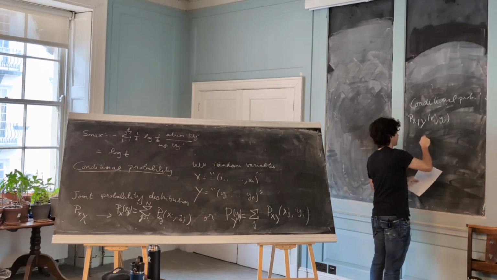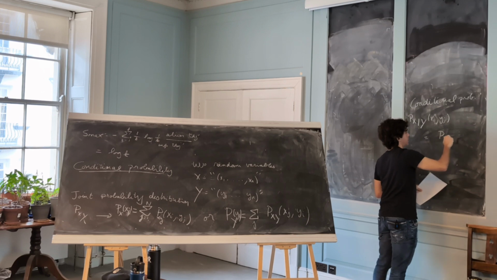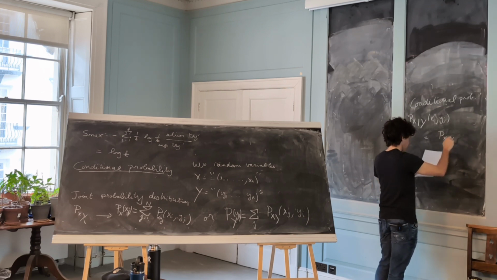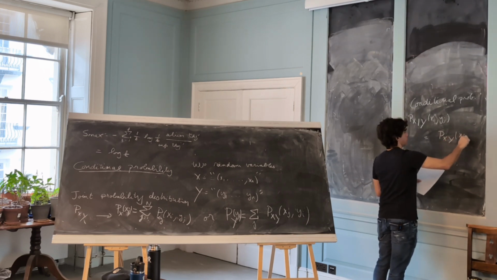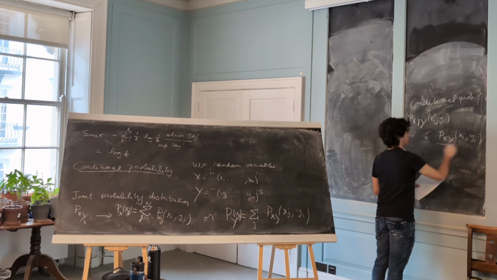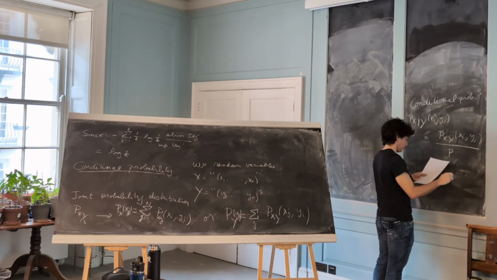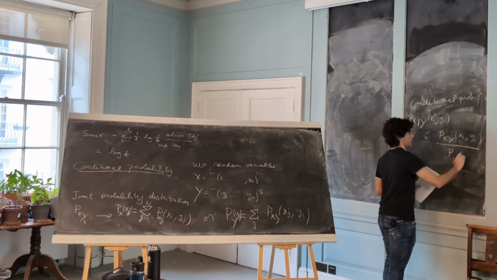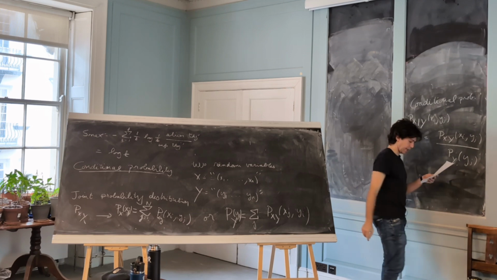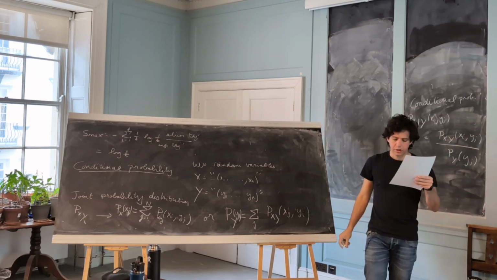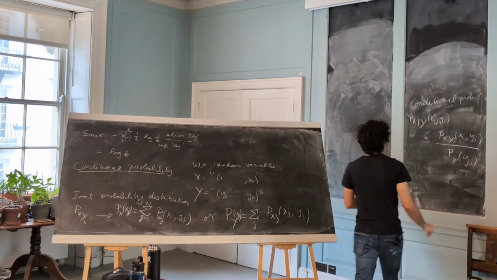And it's equal to P_XY of x_i, y_j divided by P_Y of y_j.